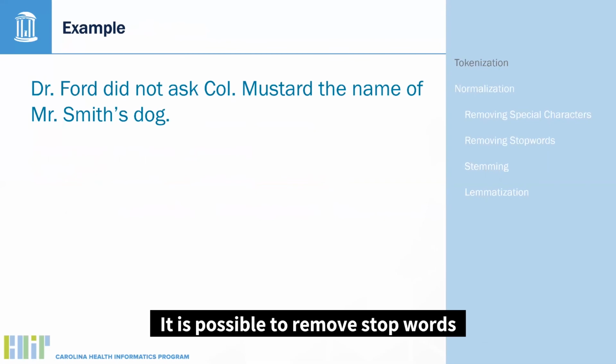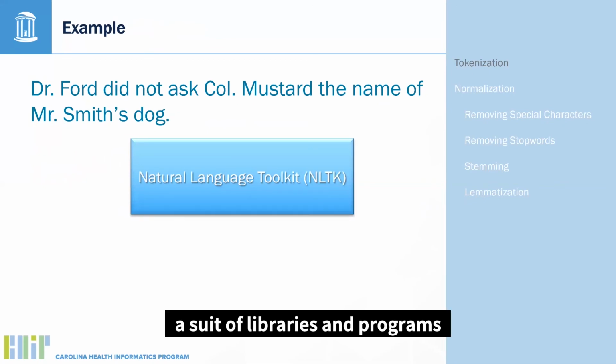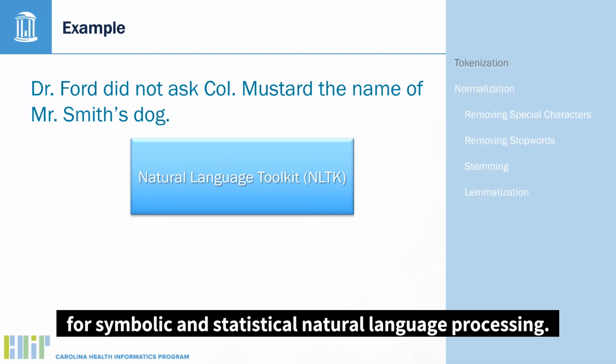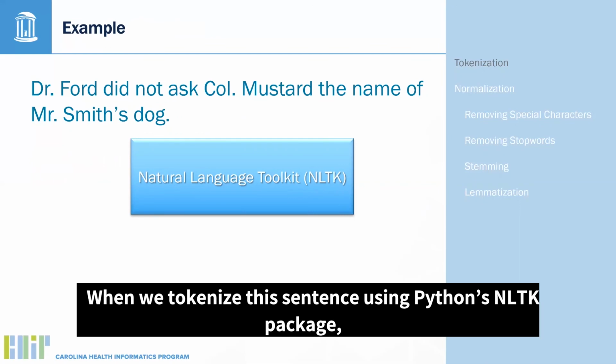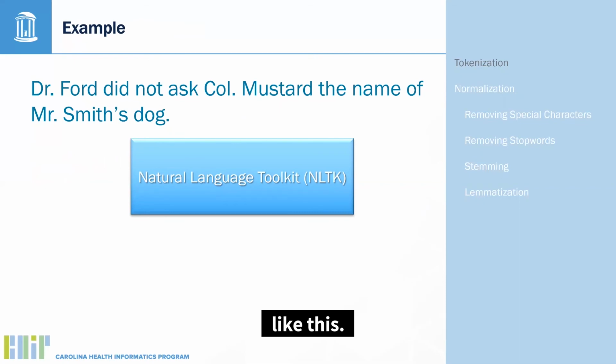It is possible to tokenize text using Natural Language Toolkit or NLTK of Python, a suite of libraries and programs for symbolic and statistical natural language processing. When we tokenize this sentence using Python's NLTK package, this sentence will be tokenized like this.